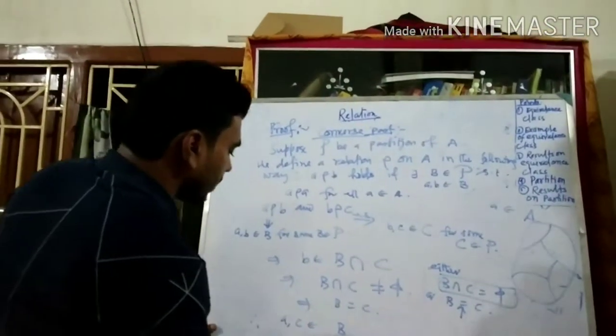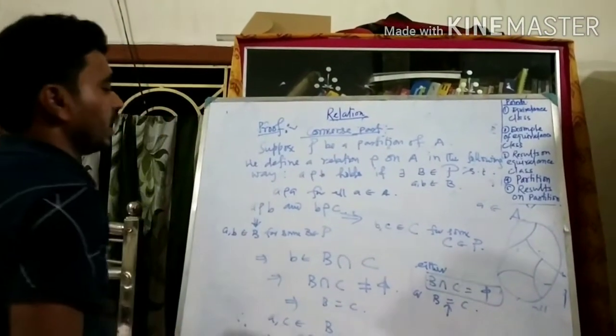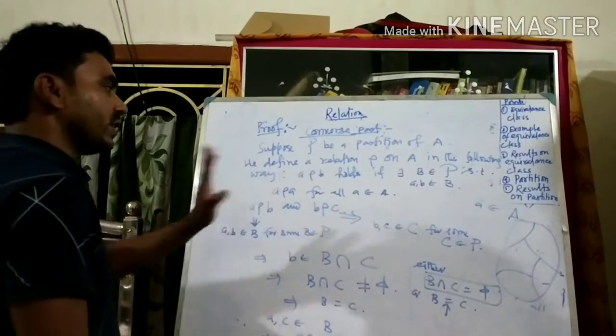And this implies A rho C, and therefore rho is transitive. So rho is an equivalence relation.